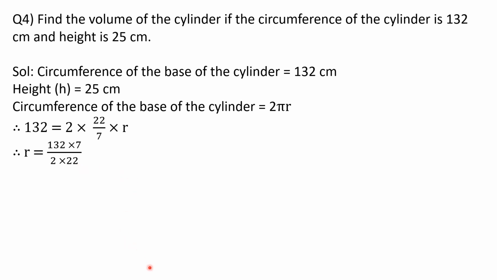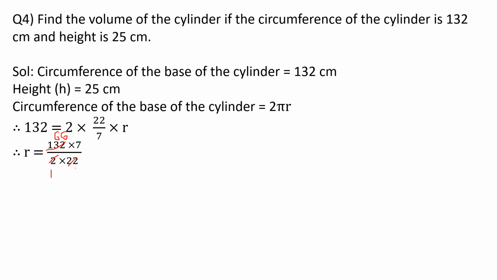Okay, now student, further you can simplify. That is, you can do cancellation. 2 ones are 2, 2 sixes are 12, 1 remaining. So again 12. Now student, you know that 22 and 66 also can get cancelled. Yes or no? 22 ones are 22 and 22 threes are 66.